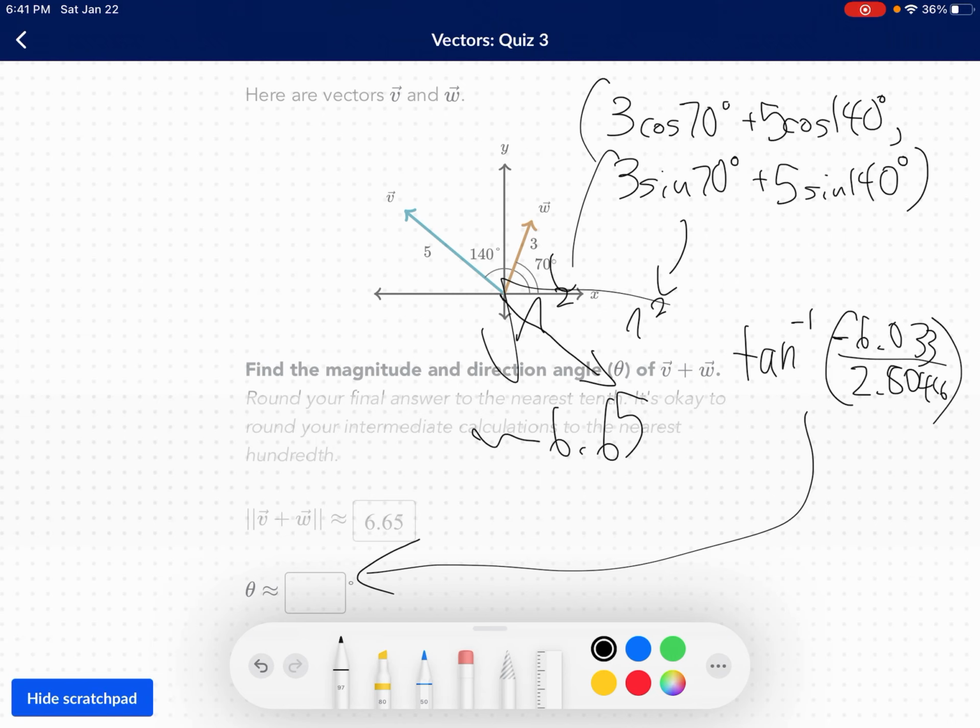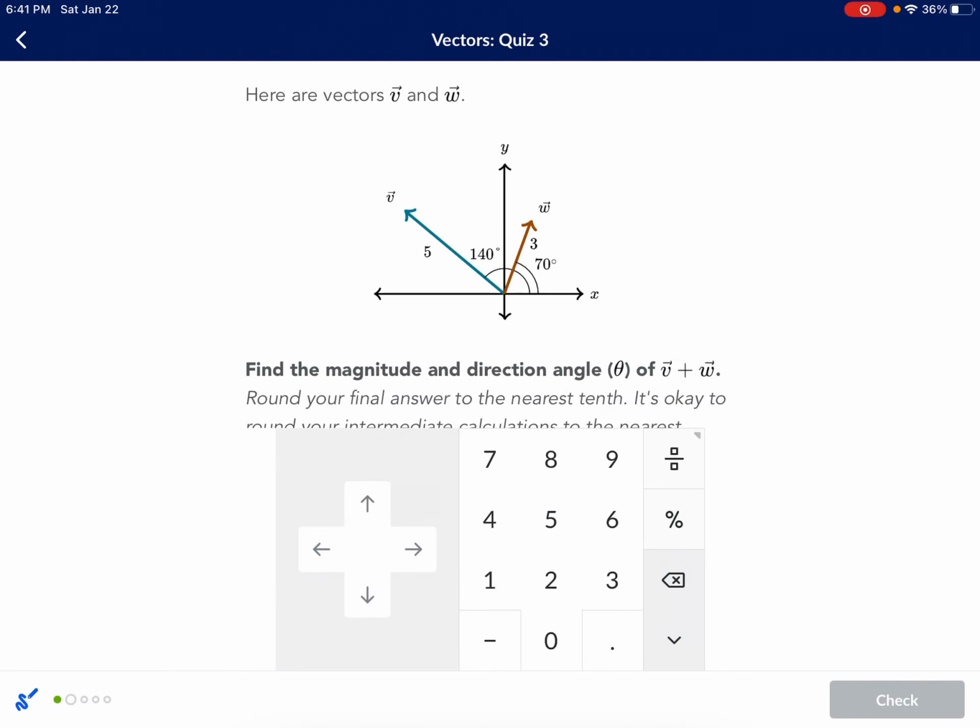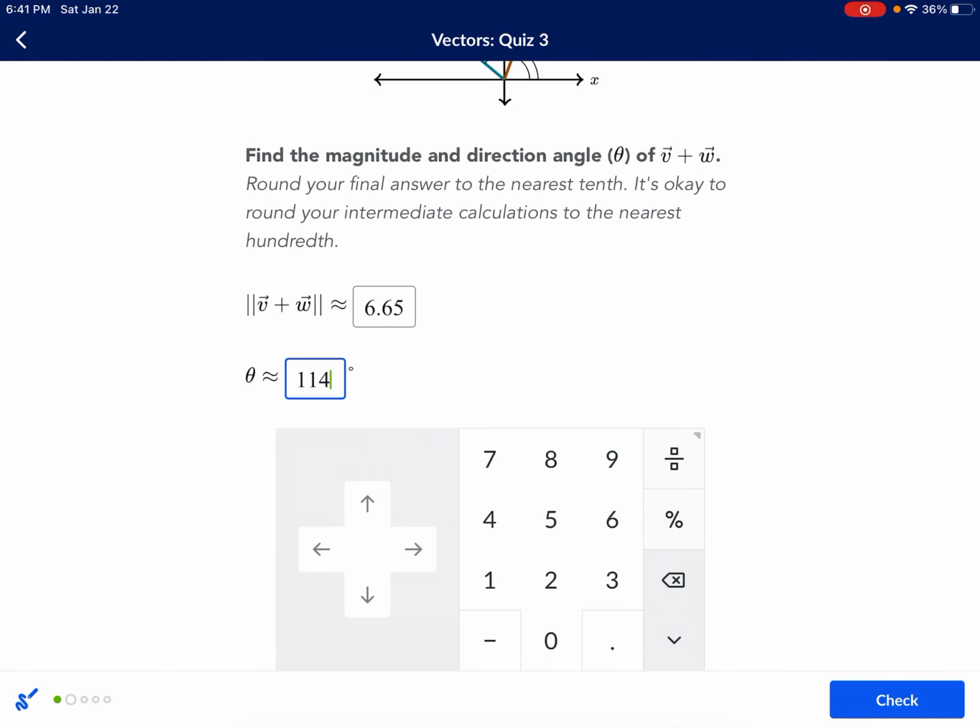My x and y components are in the second quadrant, so I need to add 180 to that answer. So it's 114.93, rounding to the nearest hundredth.